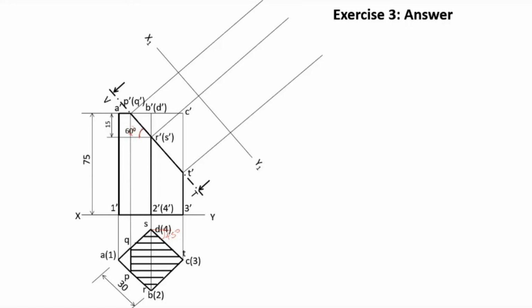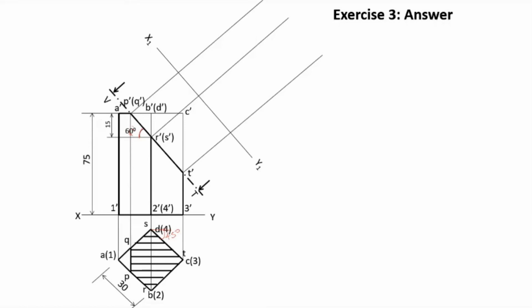Now you create a line which is parallel to this section plane at some distance. The distance between these 2 lines is not important, but it should be sufficiently distant, not too close and not too far. If it is too far, then you may not be able to draw it completely.